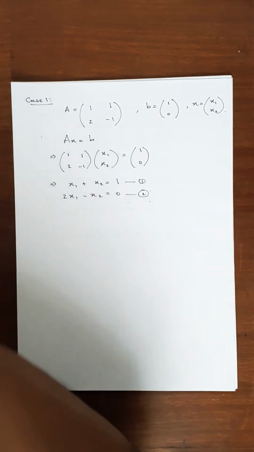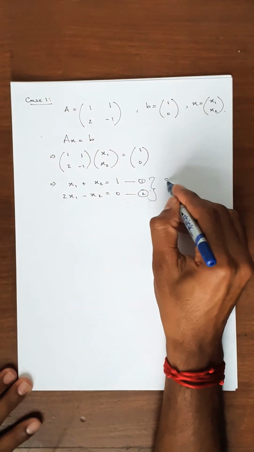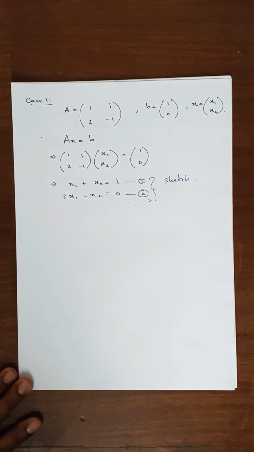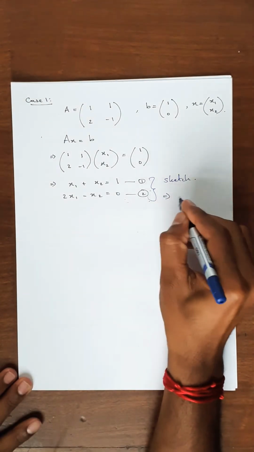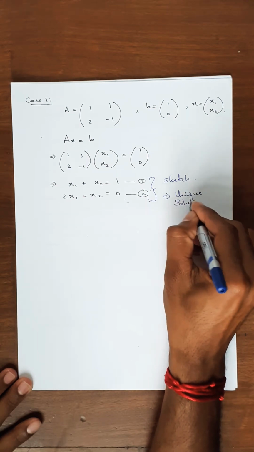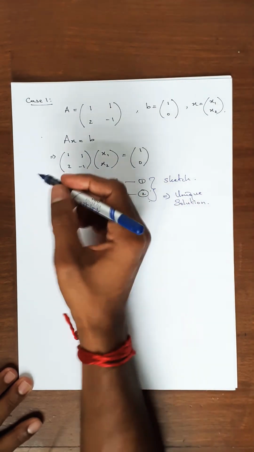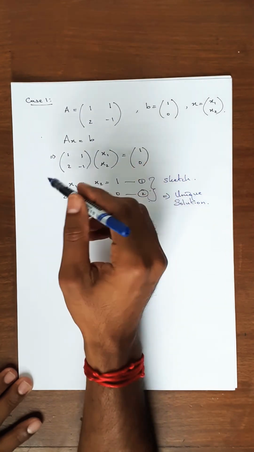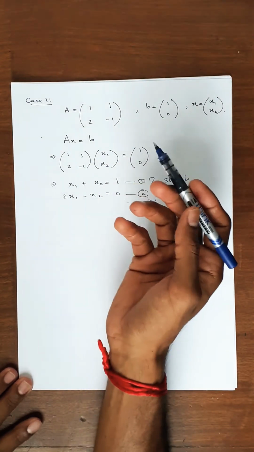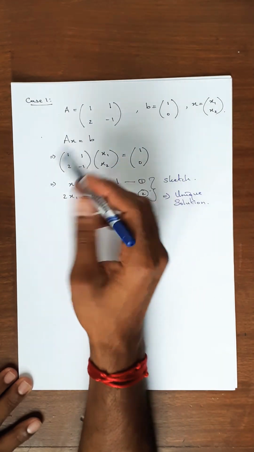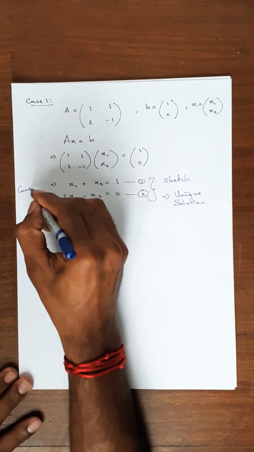What I said is that you can easily sketch these two equations, and then you will see that there is only one point of intersection, and this is what you have done in geometry. Now this gives you a unique solution. And eventually, when I talk about rank and consistency, it means that simply you have got a solution to be consistent. So this type of problem here is consistent, you can say.